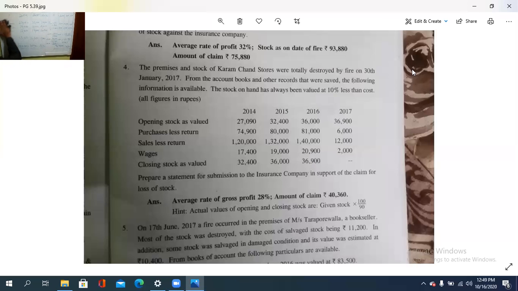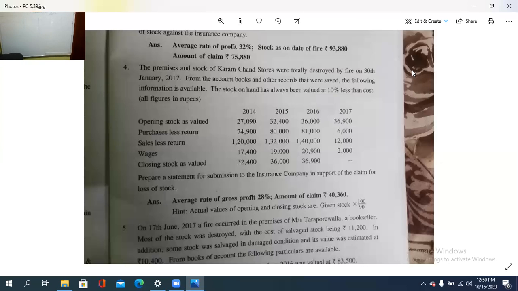2017. So like the same, we need to prepare the memorandum trading account for the next year. Next year means 2017. So how much? 28%. Then the memorandum trading account, year 2017, amount column, particulars column, and then same amount column and the particulars column.